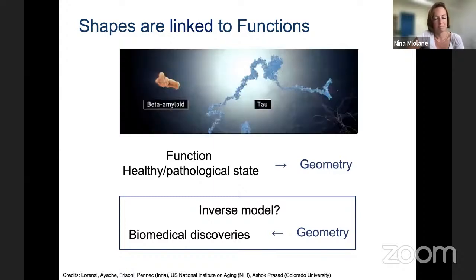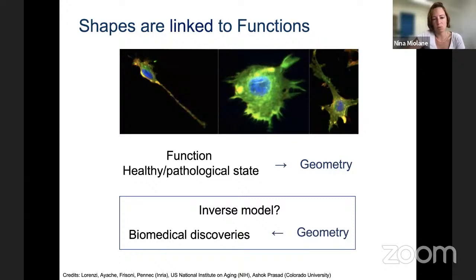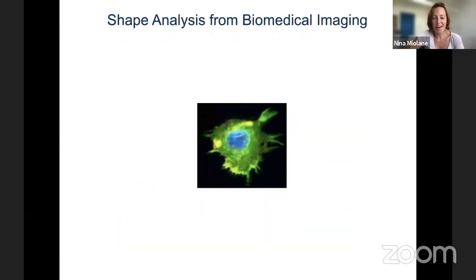So at the nanoscopic scale, but also at the mesoscopic scale, with the shapes. So this is why I'm interested in doing shape analysis from biomedical imaging, not only looking at the pixel level and intensity information, but really extracting this notion of shape from the images.